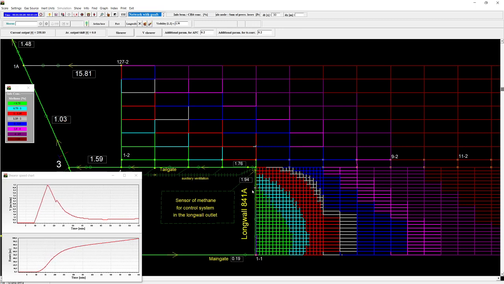We can see small changes of methane concentration in the groove. It takes about 80 minutes for the whole cut along the long wall. Shearer is approaching the tailgate corner.